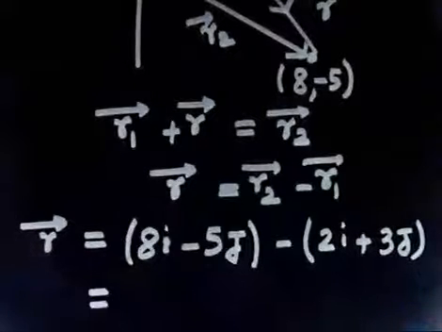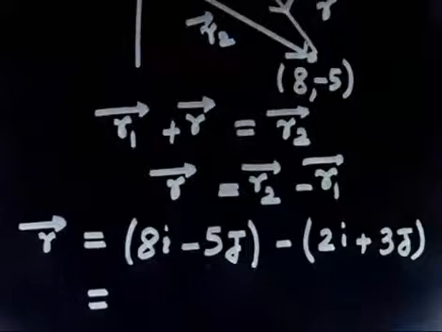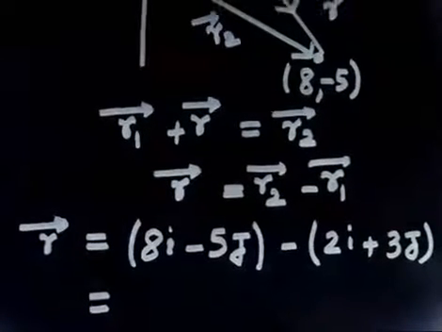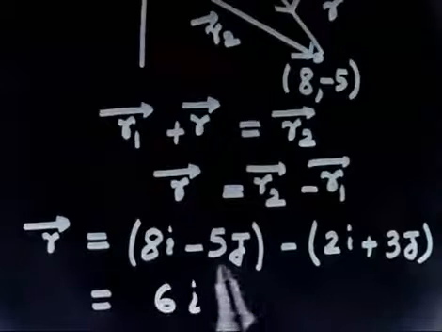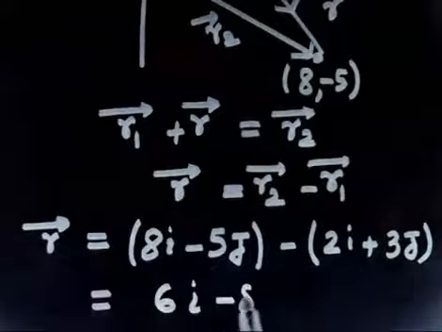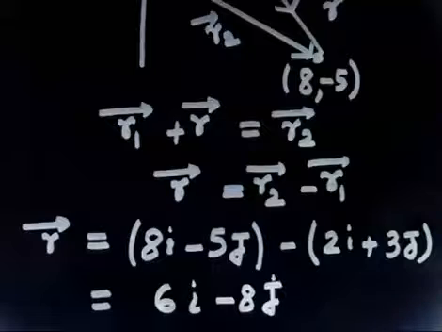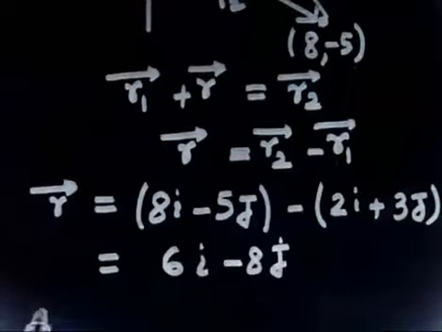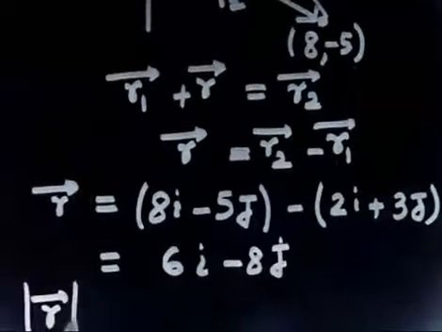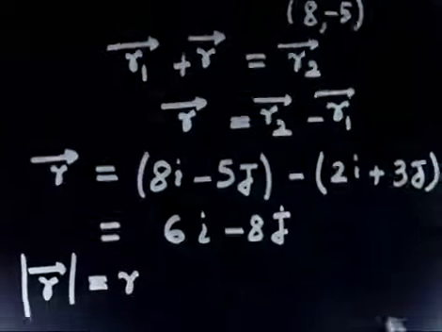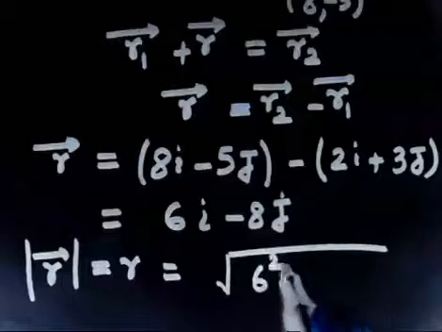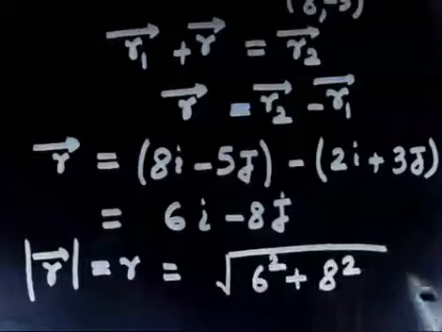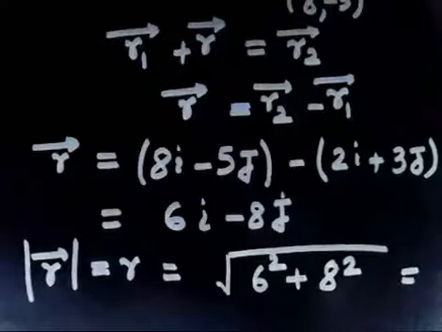So this will be 8 minus 2, 6i, minus 5 plus 3, minus 8j. Now things are very simple. The magnitude of r is the square root of 6 squared plus 8 squared, so this is 10.